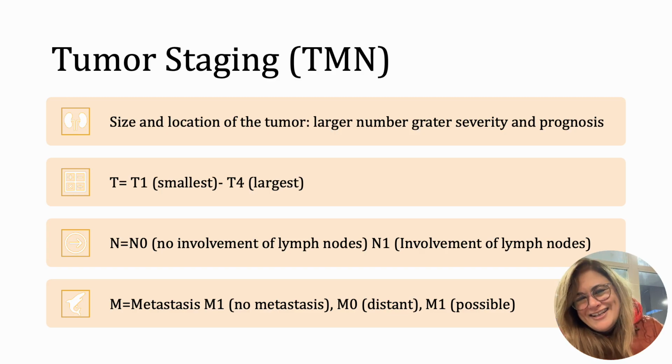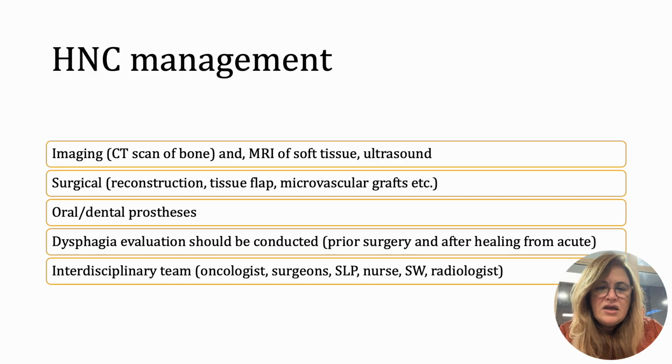Really important for you guys, get ready to know the TNM. TNM is the staging: T is the size, 1 smallest, 4 largest; N is related to the lymph nodes, no involvement or involvement; and M is metastasis, from 0 no metastasis to 1, that is metastasis. Okay, head and neck cancer management: we're going to be checking on what they do in medical, so we can intervene as soon as we can in every step of the way.